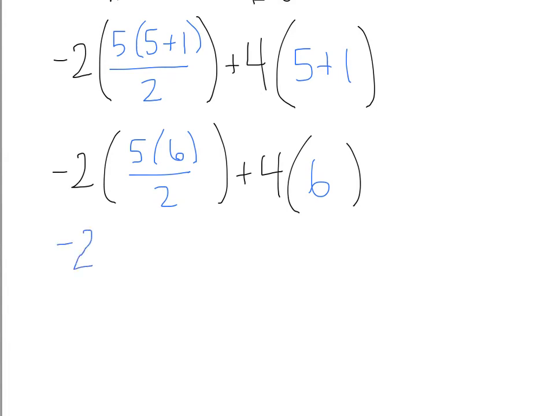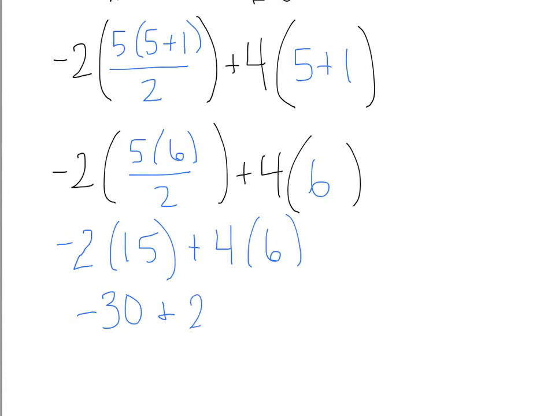So I get negative 2 times 15 plus 4 times 6. Now here we have some multiplication and some addition. Following order of operations, multiplication happens first. Negative 2 times 15 is negative 30. Positive 4 times 6 is positive 24. And then I can just add to get my final answer, and I get a negative 6.